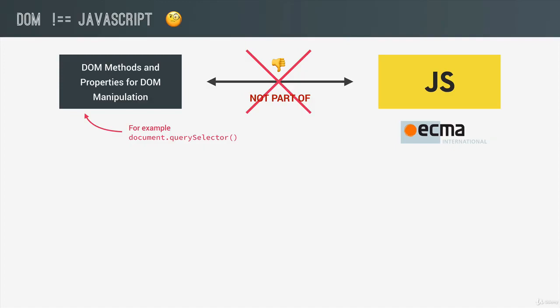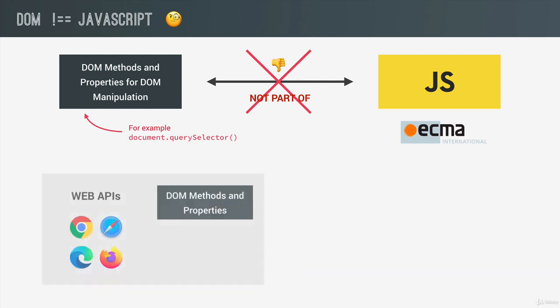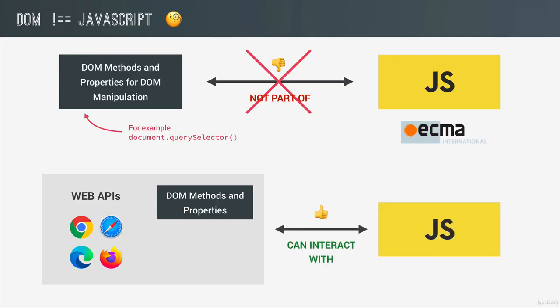Okay, but now you might ask, if the DOM is not a part of the JavaScript language, then how does this all work? Well, the DOM and DOM methods are actually part of something called the web APIs. So the web APIs are like libraries that browsers implement and that we can access from our JavaScript code.